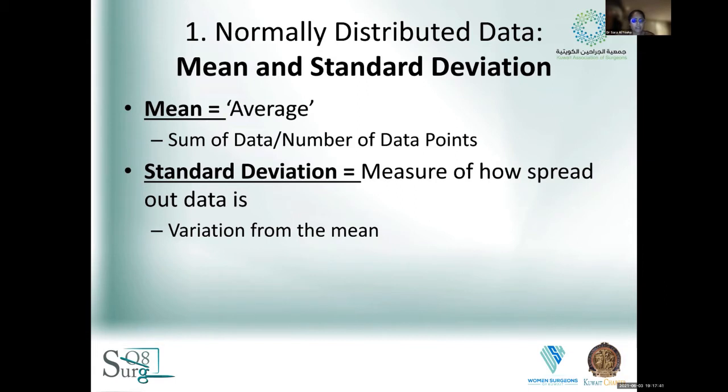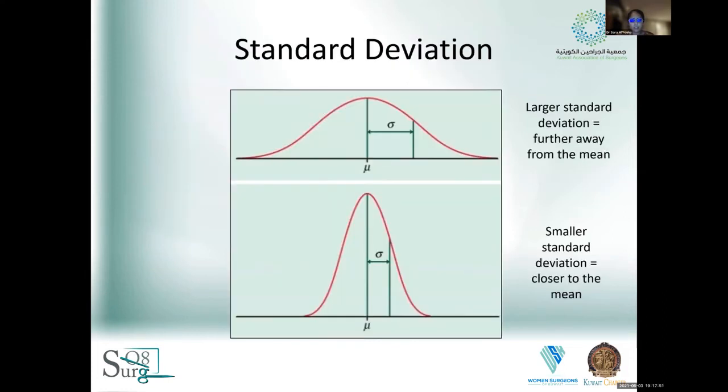Standard deviation is really important. It's a measure of how spread out your data is, so it tells you how much variation you have from your mean. To go into more detail, in the diagram we have the letter mu in the middle, which is the mean, and this little symbol means standard deviation.